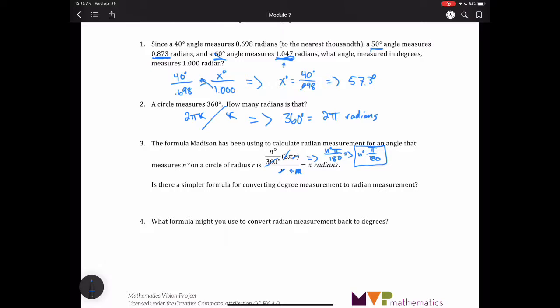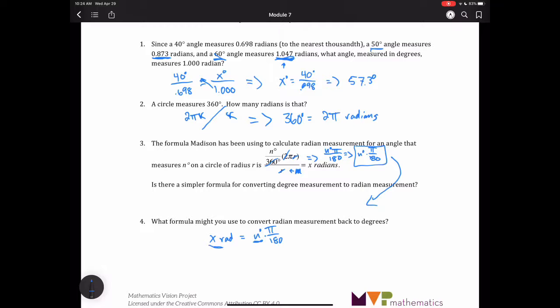So what formula might you use to convert radian measures back to degrees? Well, if we have x radians equal to n degrees times pi over 180, I'm just using the formula that we simplified up there, now I just need to solve for n degrees instead of for x radians.